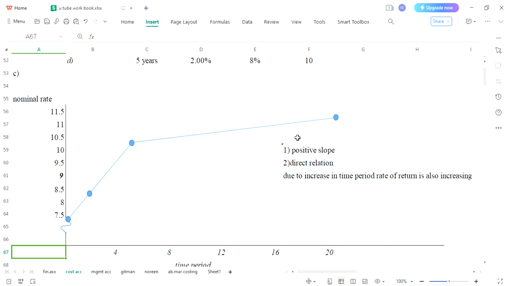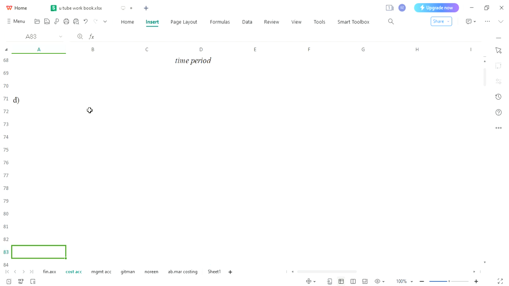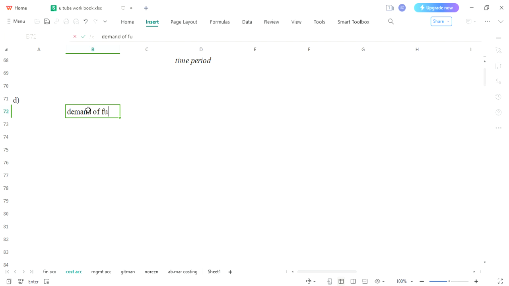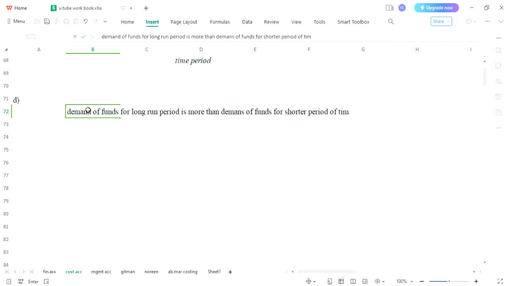So in this way, the final conclusion which you will make is that for the long run, demand of funds for a long run period is more than demand of funds for a shorter period of time.